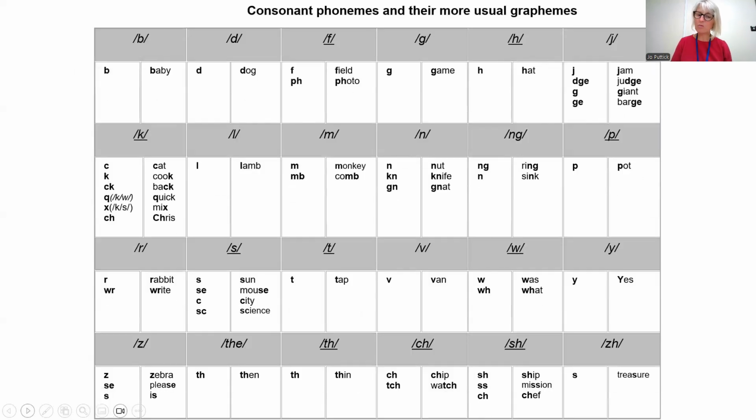And then there's lots of knowledge that children need. And that's where these come in, that we've already looked at. Thinking about the single letters or combinations of letters that represent those sounds or phonemes.